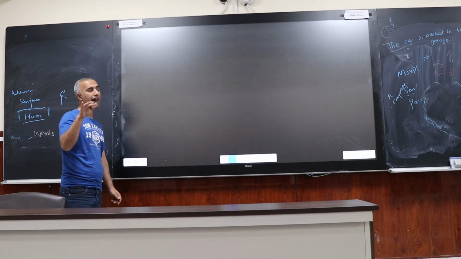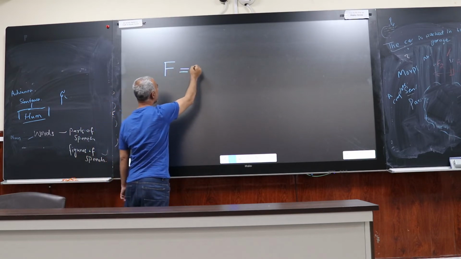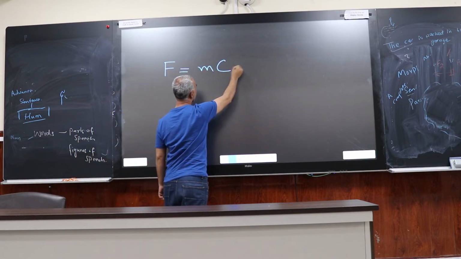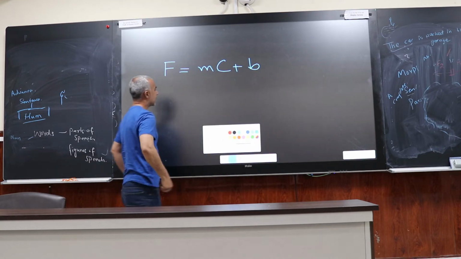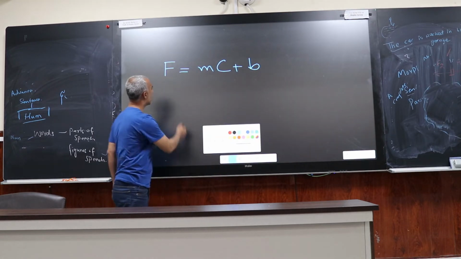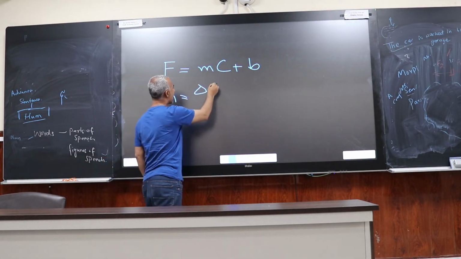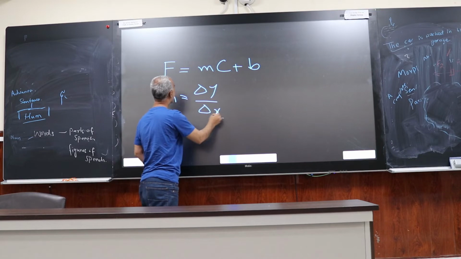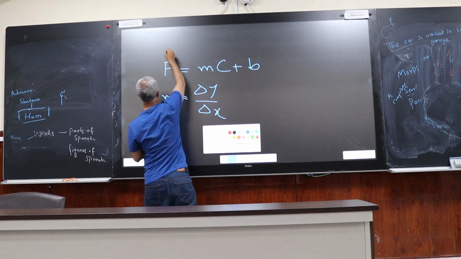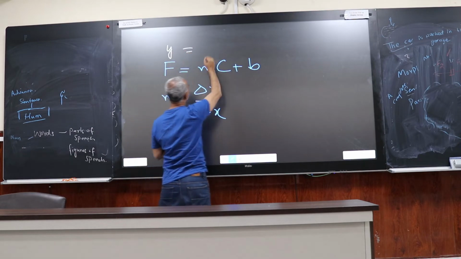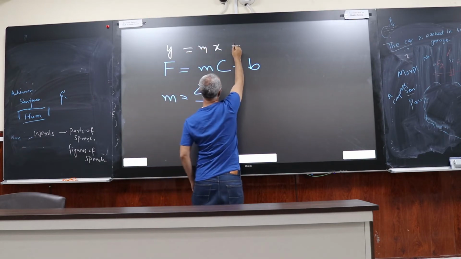Okay, let me fix it afterwards. We have this formula, 32. Actually, a simple one. M is delta y over delta x. In this situation, our y represents this Fahrenheit, and x is input C, plus b.